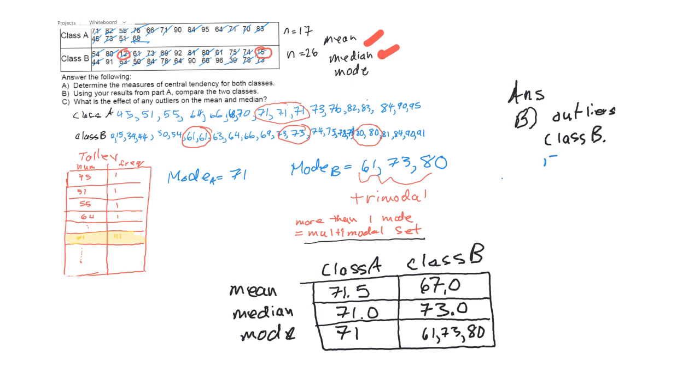Now, those kids may have been kids that have dropped the class, but they have severely affected the overall average because what they've done is they've dragged down the mean.